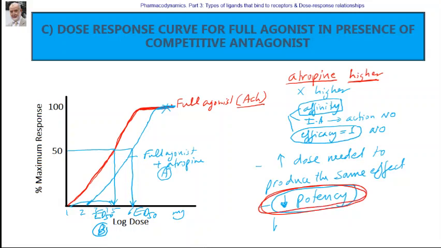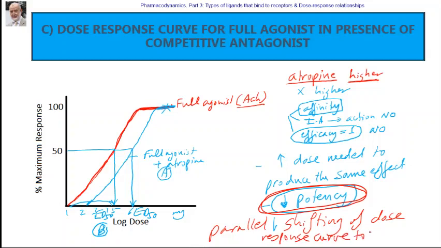Therefore, competitive antagonists compete with the full agonist on the same receptor, they decrease potency, and they produce a parallel shift of the dose response curve to the right.